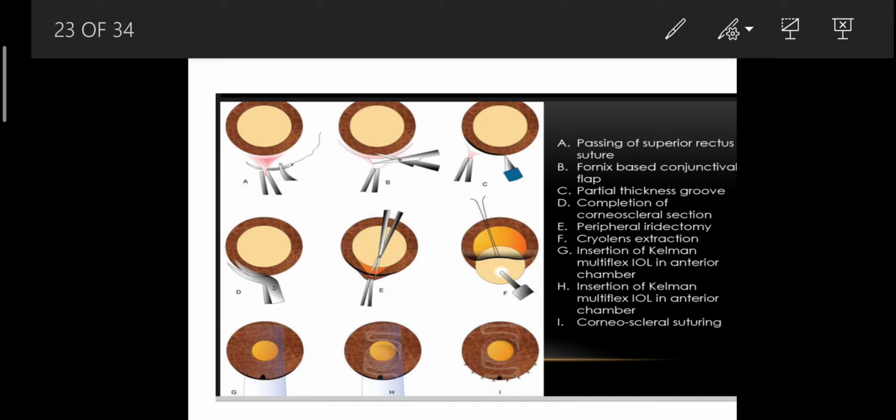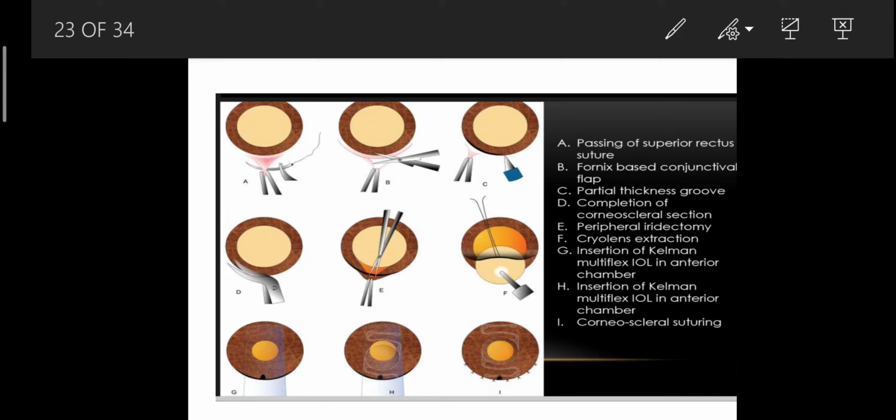D shows the corneoscleral section with the scissor, where we are cutting the incision that was made with the razor blade knife, the limbal area, that is corneoscleral.